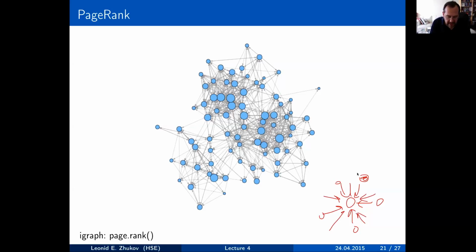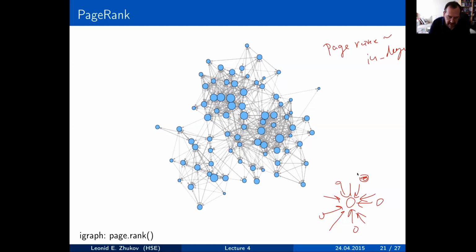So in many cases, PageRank will be proportional to the in degree of the node. The higher the in degree, the higher the PageRank. But it's not always the same. If it was always the same, there would be no reason to have this PageRank thing.